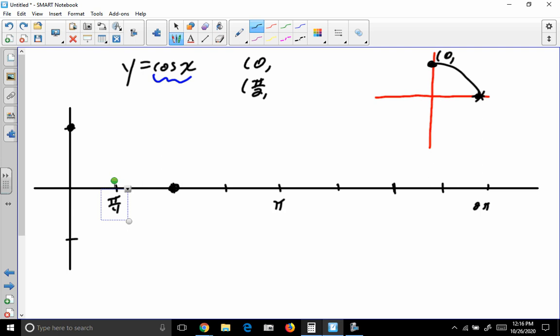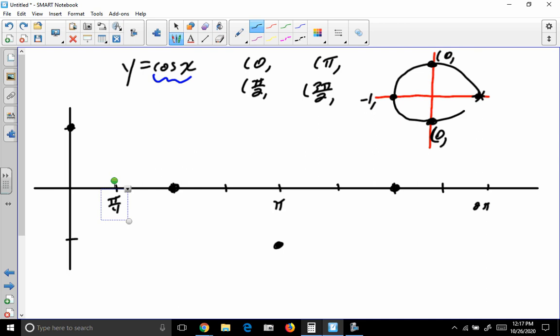As we rotate around farther, when we get to pi, cosine of pi is the x-coordinate there, which is -1. As we rotate farther to 3 pi over 2, cosine at 3 pi over 2 is 0 because the x value here is 0.